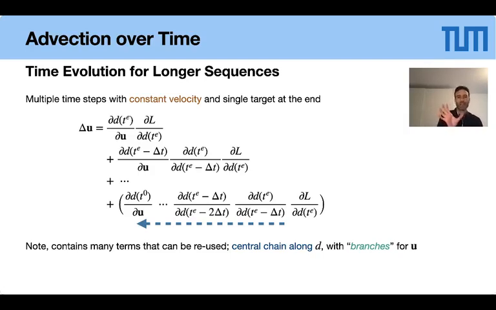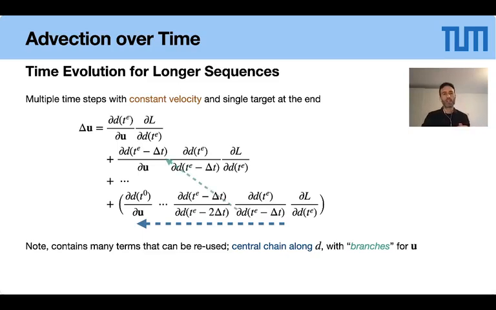And for this one term, at the very end, time 0, we actually have one derivative with respect to u, but we basically have these branches for every state of our density where we get the derivative with respect to u, the velocity, and these actually match the ones at the top here.